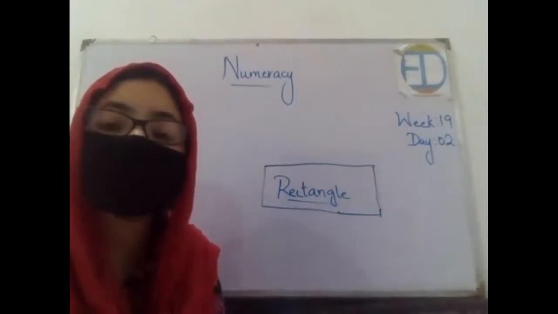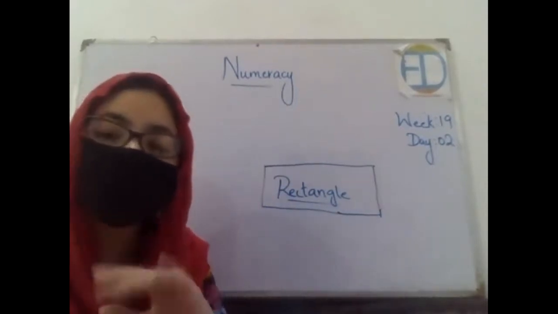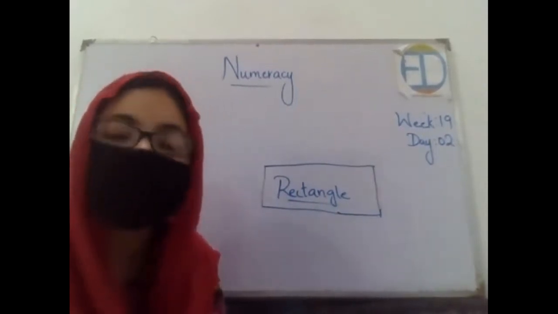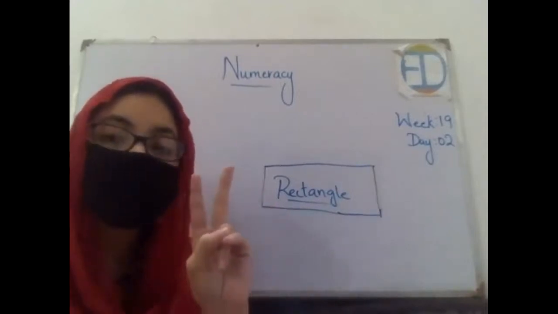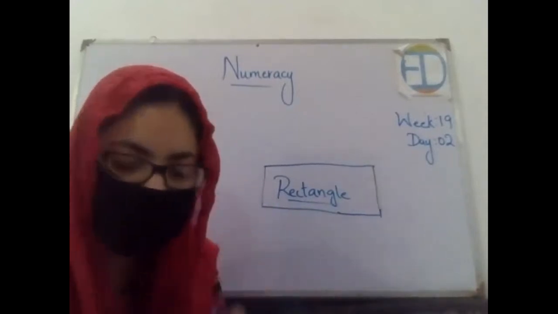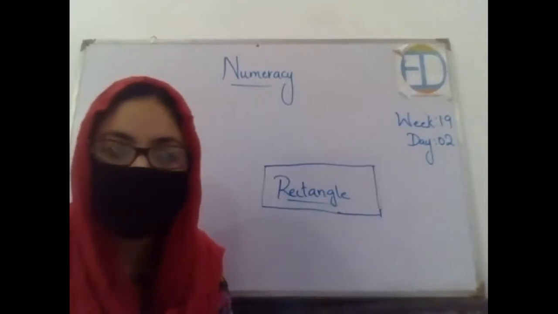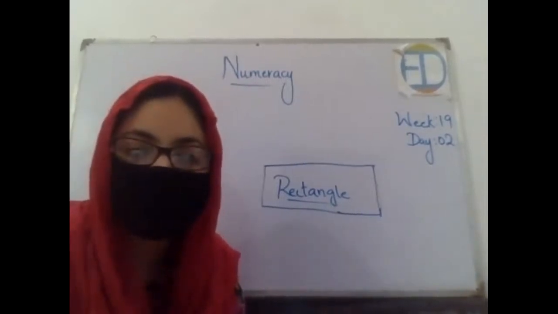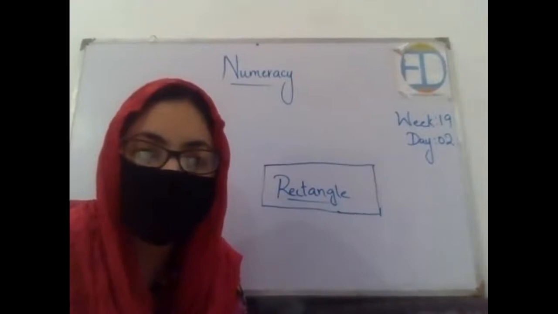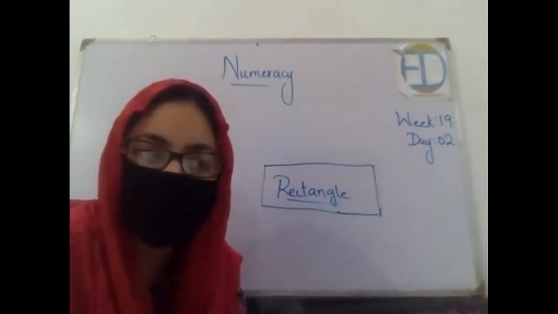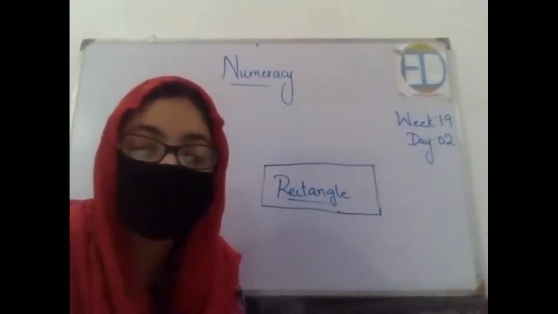But how is it different from a square? A square has all of its sides equal, but a rectangle has only two sides equal in each pair, right? Now I'm going to share the screen with you. We will see a video related to shapes together, and then we will discuss examples of things having a rectangle shape.